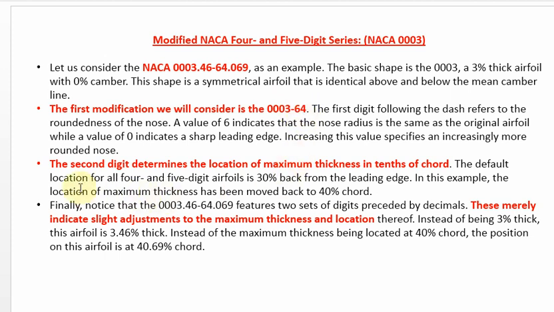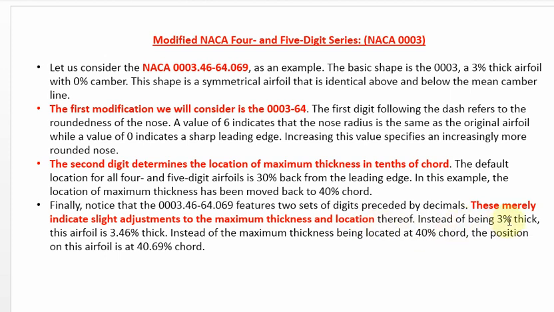Okay, now come here. Finally, notice that 0.0346-64, this features 2 sets of digits preceded by decimals. What is the meaning? These merely indicate a slight adjustment to the maximum thickness and its location.